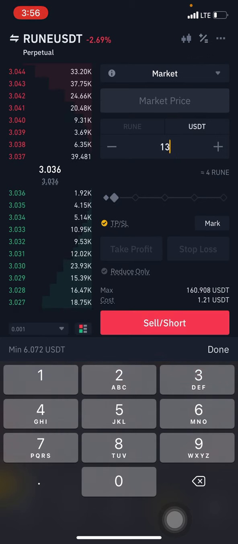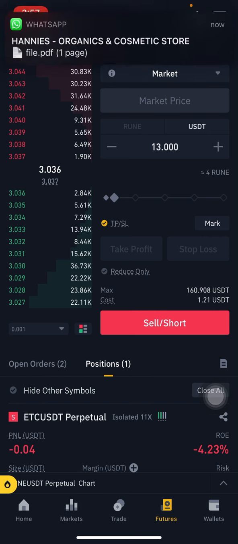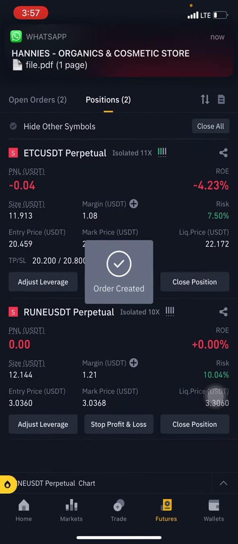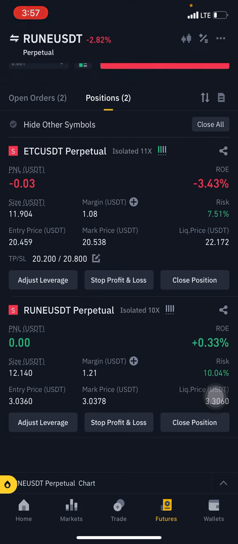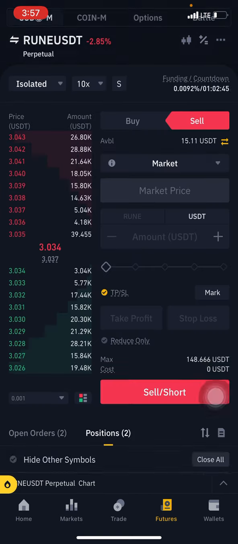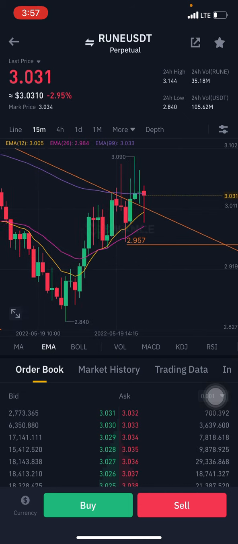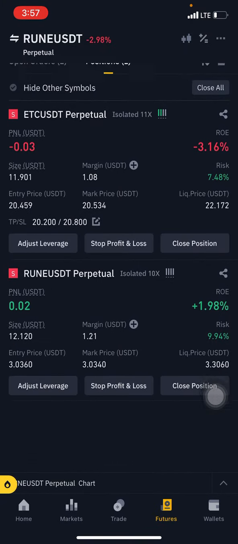At least let it get to $1.21. So I short. Then I come in immediately and set up my take profit. Let me look at that chart again. Okay, my take profit is 2.9.